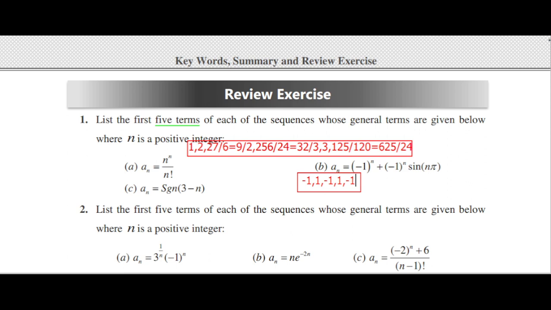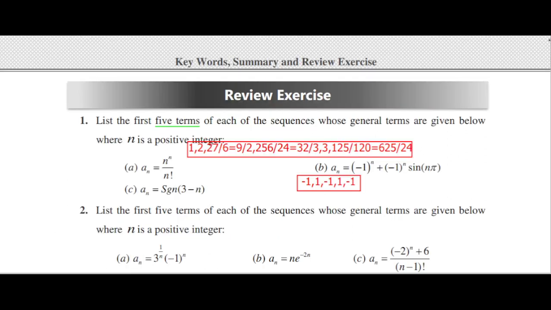Question number C. For the first term, let's substitute 1 here.